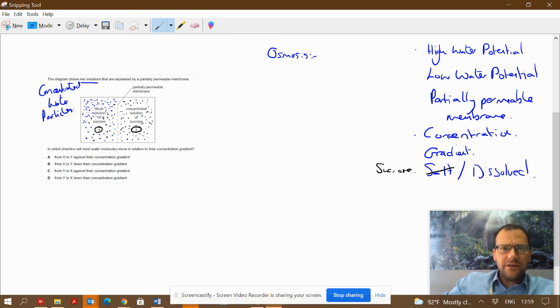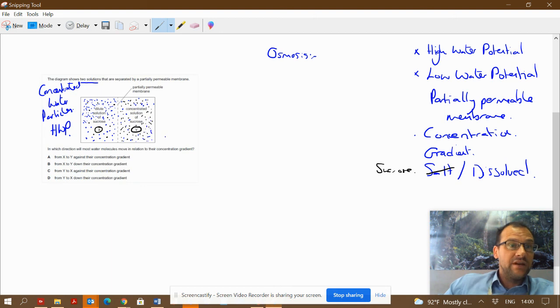And we can also say, quite a lot of terminology here, that actually we now have high water potential over this side. So the potential for that water to move is much higher than the other side of this membrane because there's a higher concentration of water particles. So this side, we've got a much higher concentration of sucrose, so the ratio of water particles to sucrose is much lower.